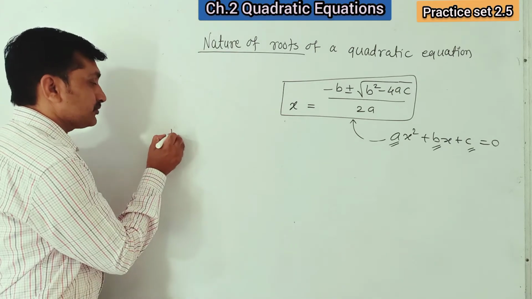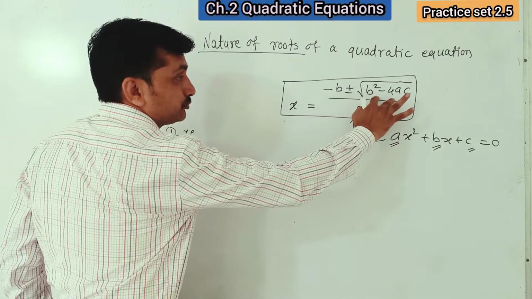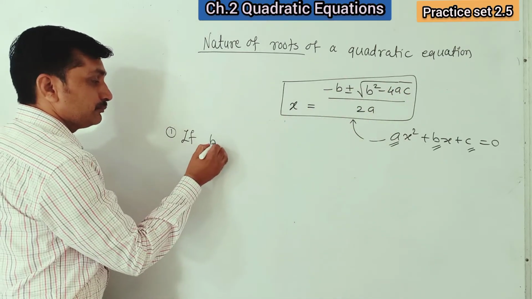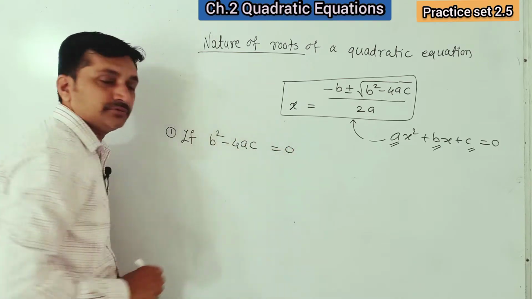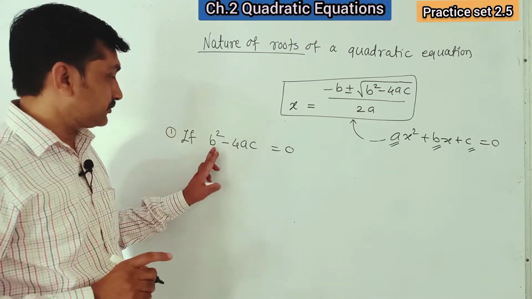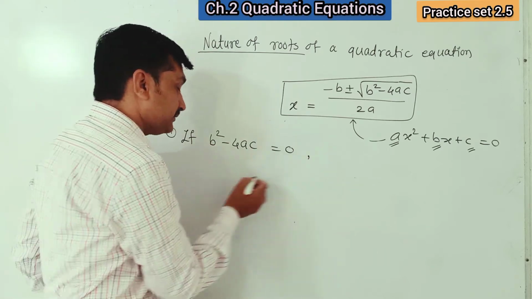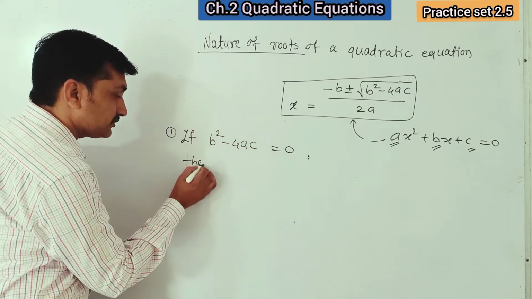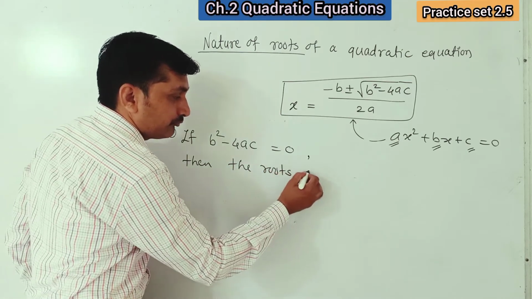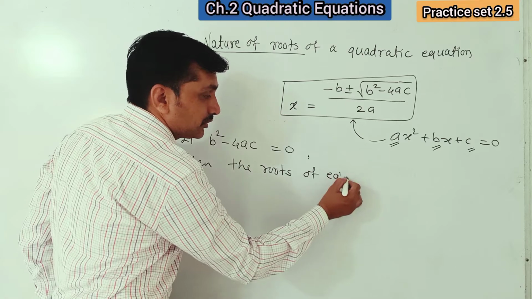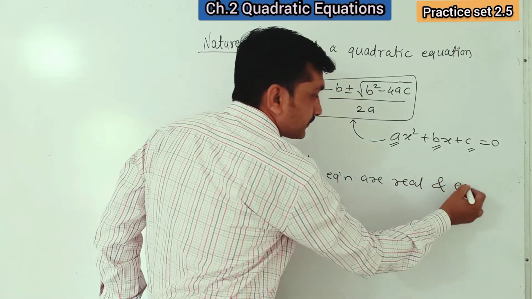Now here the first condition is that if b square minus 4ac, this value without the root, is equal to 0, then we can write that the roots of the equation are real and equal.